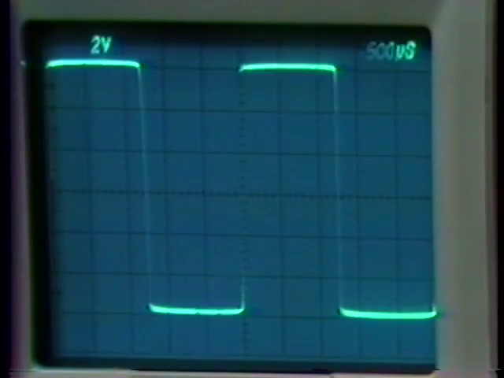We have 5 divisions horizontally, so that's 2.5 milliseconds. To within scope accuracy, we measure about 400 hertz for the frequency of oscillation. That's certainly within our experimental confidence in building the system and measuring its frequency of oscillation. So that tells us that the prediction made by describing function analysis is in fact confirmed.